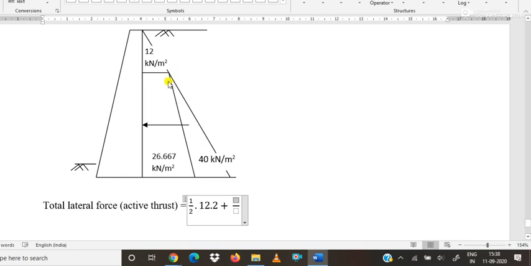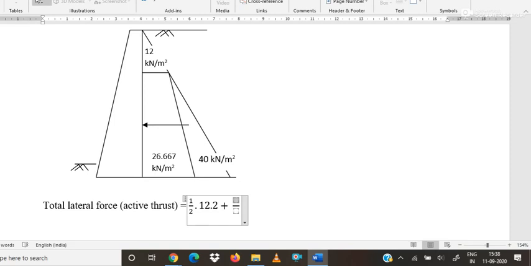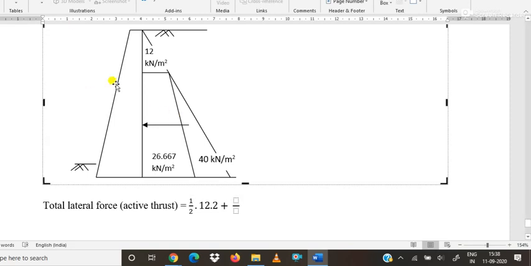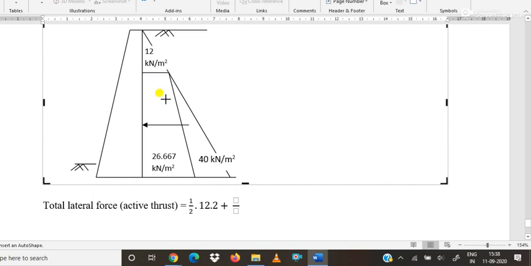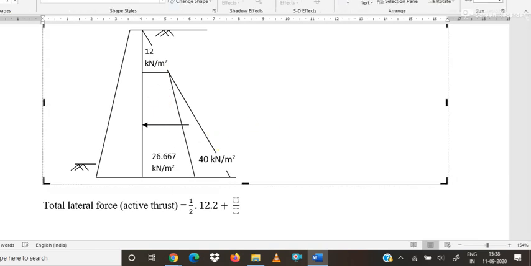we may divide the trapezoidal portion into two parts, one rectangular part and another triangular part.